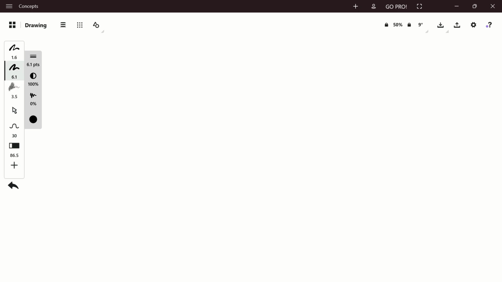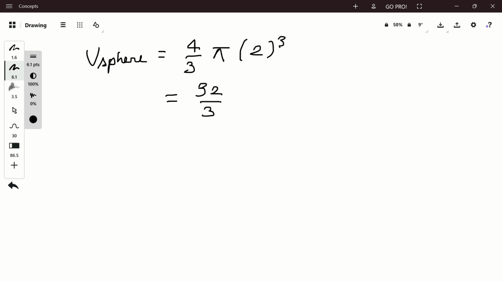The volume of the metal sphere with radius 2 meter is equal to 4 by 3 pi r cube, which is equal to 32 by 3 pi.